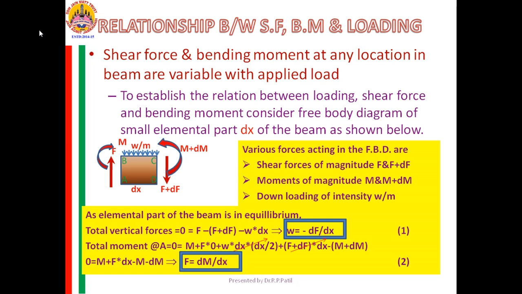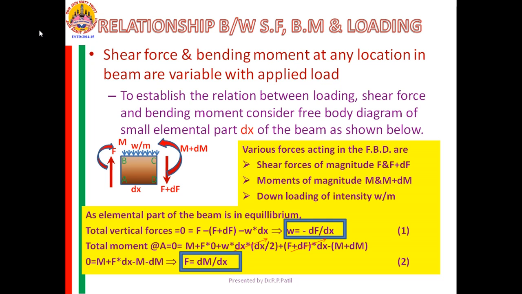Comparison I told you. dx means it is very small. Therefore, products of dx into dx, dF into dx can be thrown out. Thrown out in the sense, can be neglected.